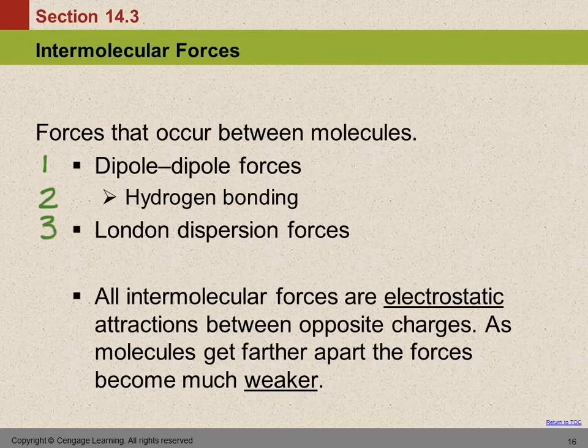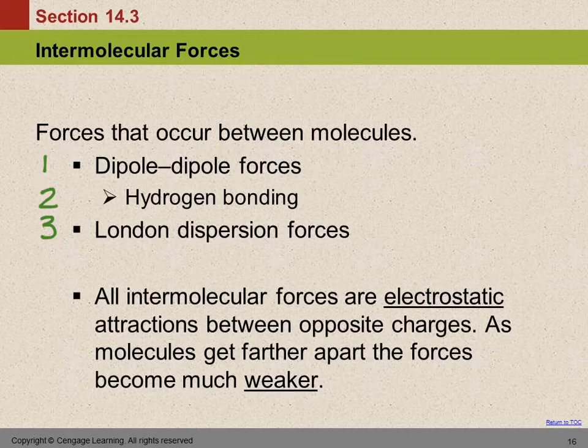And then we have another one called London dispersion forces. Do you remember what a dipole is? Something that has two poles, and we can get that just from the name. Dipole, di meaning two poles. The ends are different. So it's a molecule that's lopsided in terms of electrical charge.